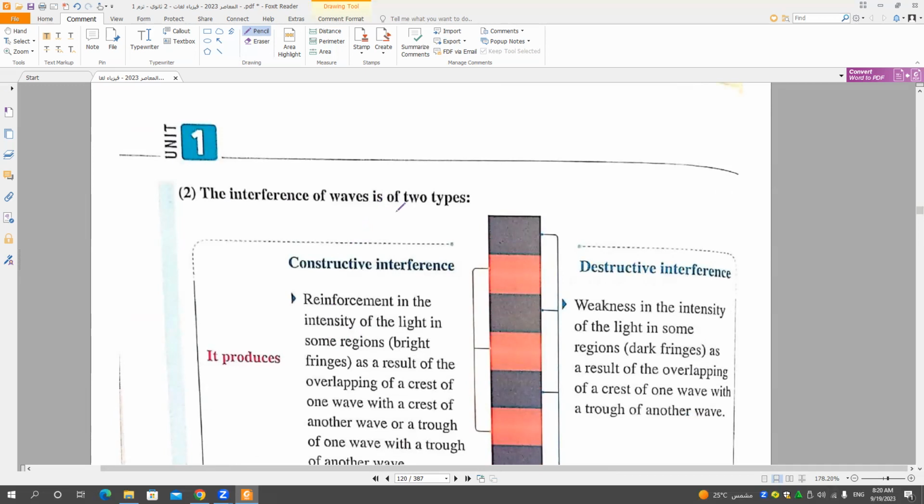The interference of waves is of two types: constructive interference and destructive interference. Constructive interference is the reinforcement of light intensity in some areas, bright fringes, and the other areas with dark fringes are called destructive interference. Destructive interference is produced from crest with trough, and constructive from crest with crest or trough with trough.